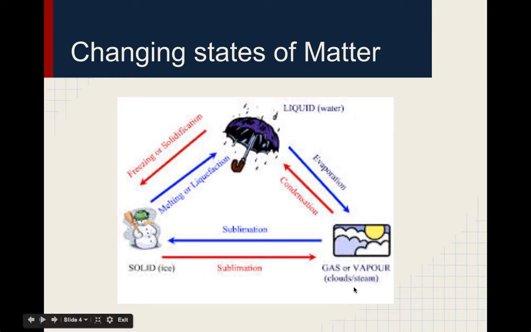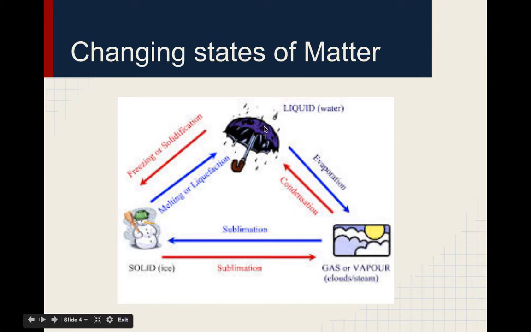So we have gas and vapor, and we're condensing to go into liquid, and that would fall as rain. Now, occasionally what will happen is, especially in really cold temperatures, that vapor will go directly to a solid, and it'll fall as snow or as hail. And we experience hail more in Sydney than we do snow. And that process is called sublimation.